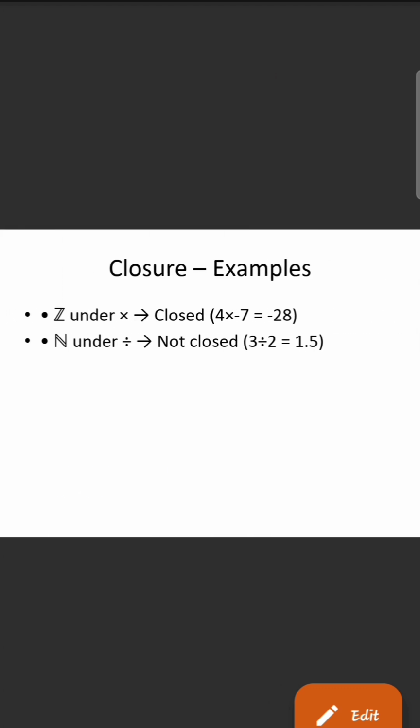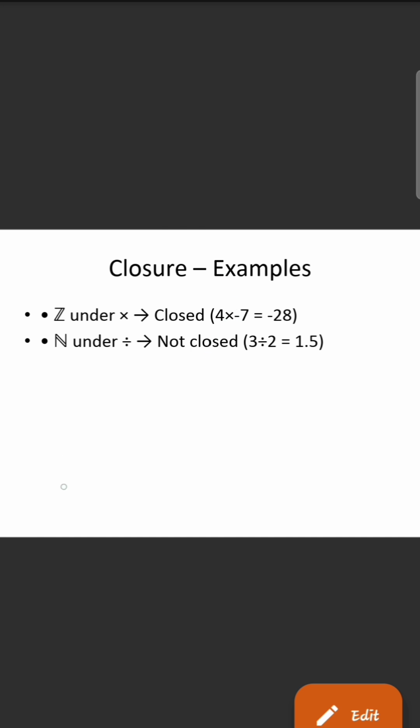So now let's look at more examples on closure. For closure, look at this example. I believe you still remember what Z means. Z is integers. So integers under multiplication, they said, is closed. The example is telling us that it's closed. What does that mean?